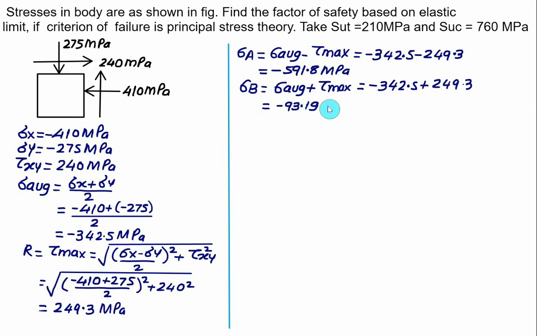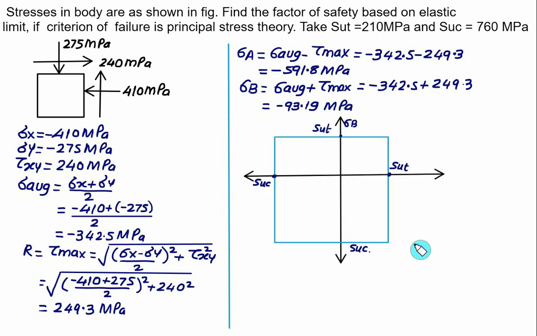So both the principal stresses come out to be negative, so they will lie in the third quadrant. Now the stress envelope for MPST, the maximum principal stress theory. This time the value of sigma a is negative, minus 591.8, which is less than the value of SUC. We have the value of SUC given as 760, and SUT is given as 210.